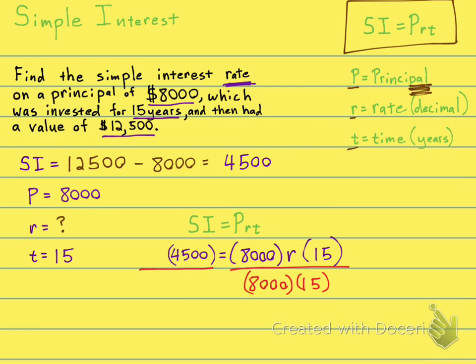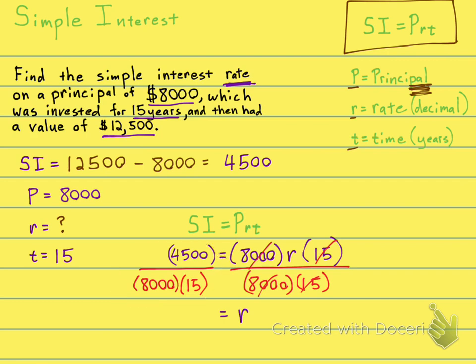And the reason I do that, 8,000 cancels out, 15 cancels out, leaves me with 1 R by itself. And if I divide the right-hand side by 8,000 times 15, yes, I need to do the same thing to the left-hand side.